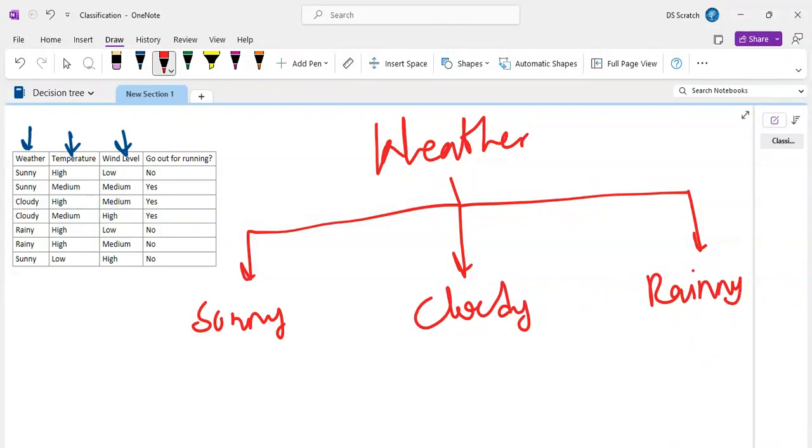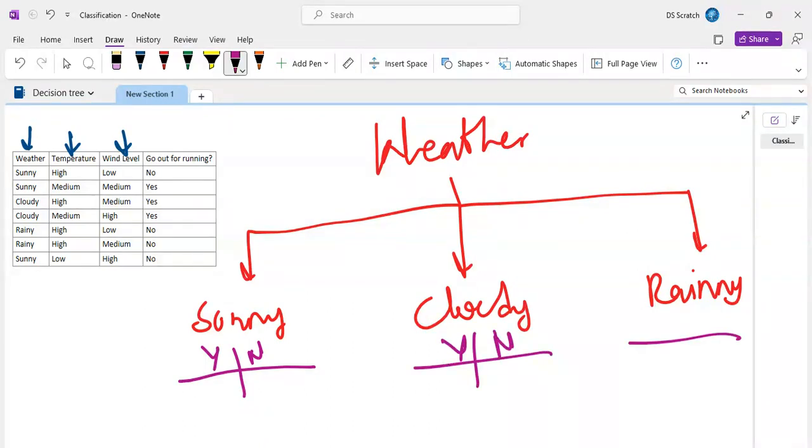Now let's see how many people will go out. If it is a sunny day, for people who will go out, it is yes, and for people who won't go out, it's no. And likewise for cloudy and for rainy.